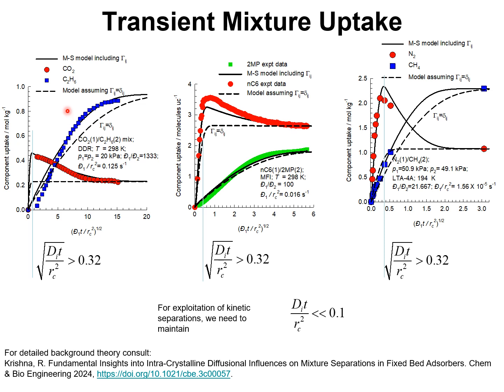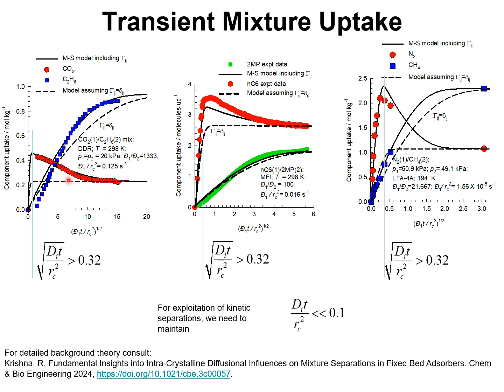First is a mixture of carbon dioxide and ethane in DDR zeolite, a mixture of normal hexane and 2-methylpentane in MFI zeolite, and a mixture of nitrogen and methane in LTA-4A zeolite.